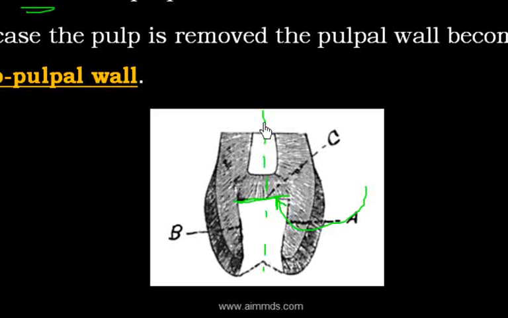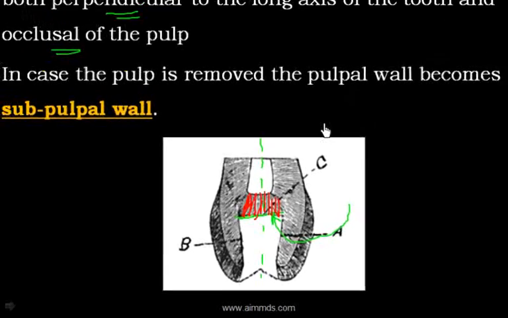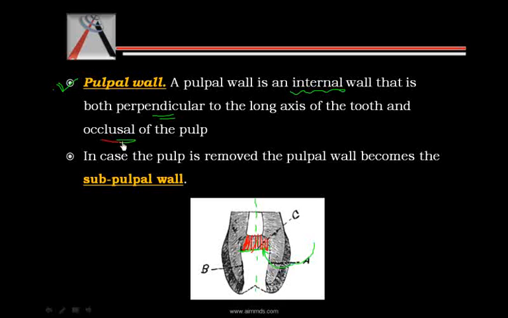Now in case there is a deep cavity and the pulp is removed, in that particular case we tend to remove this tooth structure and this wall no longer lies occlusal to the pulp and it becomes a subpulpal wall.